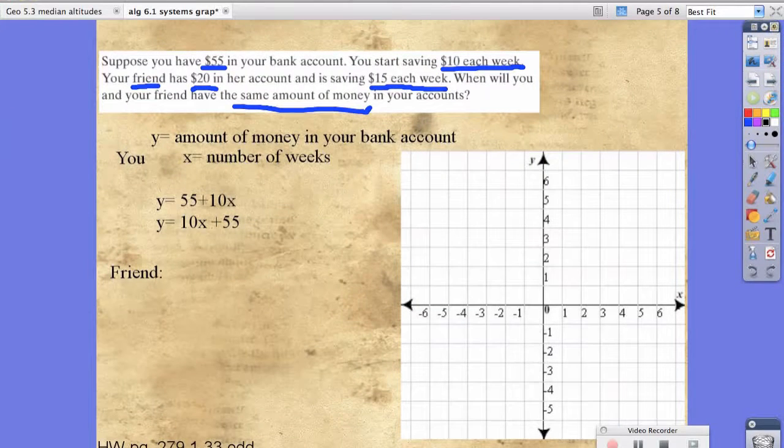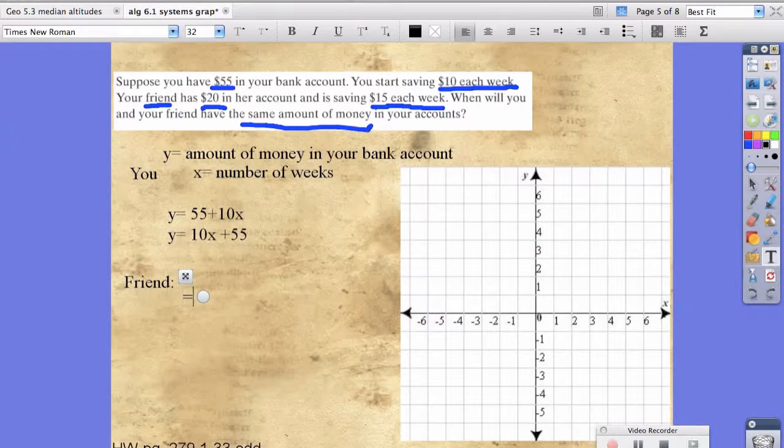Now your friend, y is the amount of money in their bank account. Now they have $20 in their account, but they put in $15 each week. So this is the equation for them, or we're going to write it in y equals mx plus b form a little bit nicer.